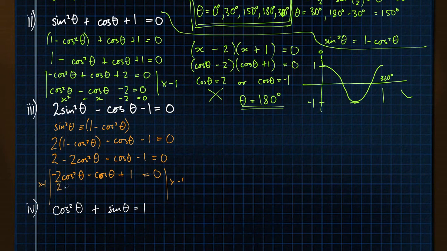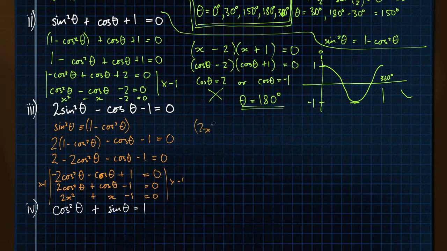That gives me 2 cos squared theta plus cos theta minus 1 equals 0. And if I write that out in terms of x instead, that's 2x squared plus x minus 1 equals 0. That's just going to make it easier for me to factorize.